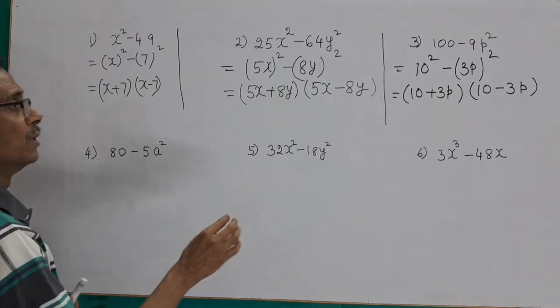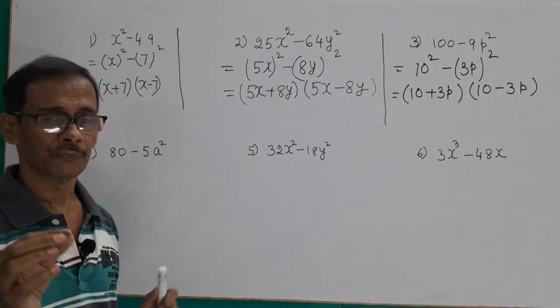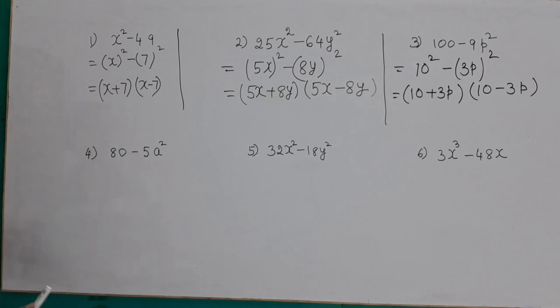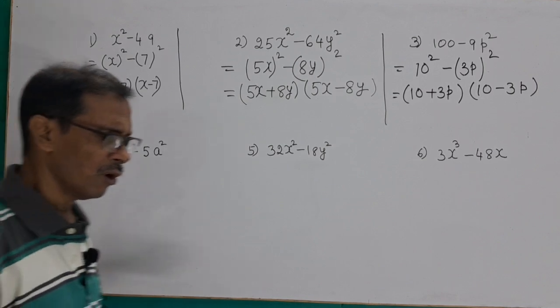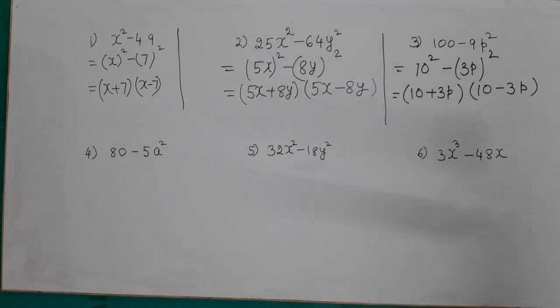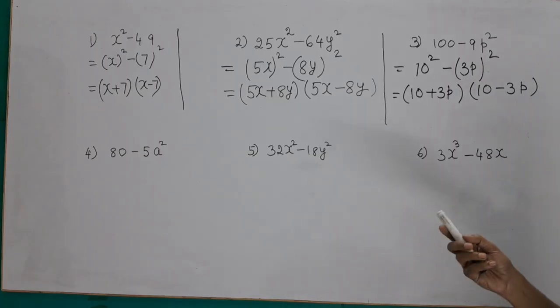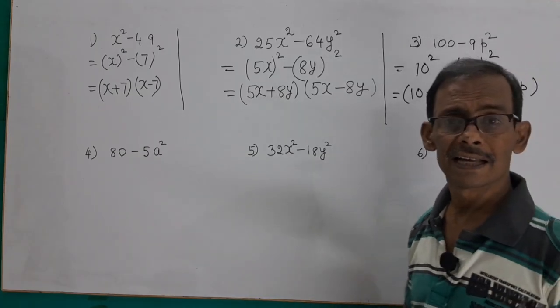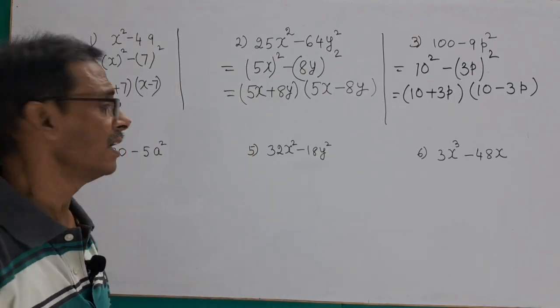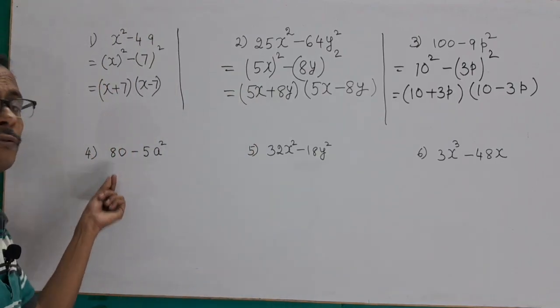So now we'll use this identity very easily. Now let's see 80 minus 5a square. Can you write 80 as the square of anything? I don't think so, because 8 8s are 64 and 9 9s are 81. So 80 you cannot write in the form of square.